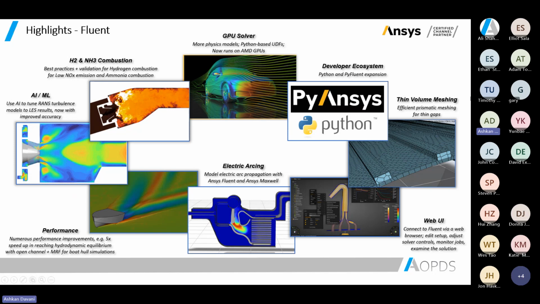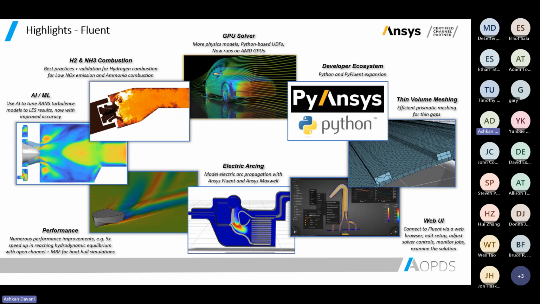We'll cover the GPU solver updates. There have been a lot of developments for the GPU solver, which is really good for CFD purposes and can increase the speed of computations. And as we all know, GPU hardware is cheaper than CPU, so it's good for companies as well. We can get much faster simulations at a fraction of the cost. There have been some developments in Python, PyFluent, and PyAnsys in general.